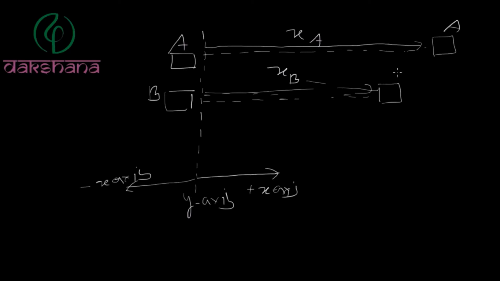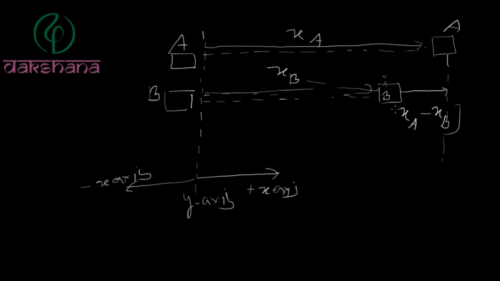Now suppose we are standing on B. With respect to B, the position of A can be defined by an arrow. We draw an arrow pointing from B to A. This arrow represents the position of A with respect to B. The magnitude of this arrow can be written as XA minus XB.